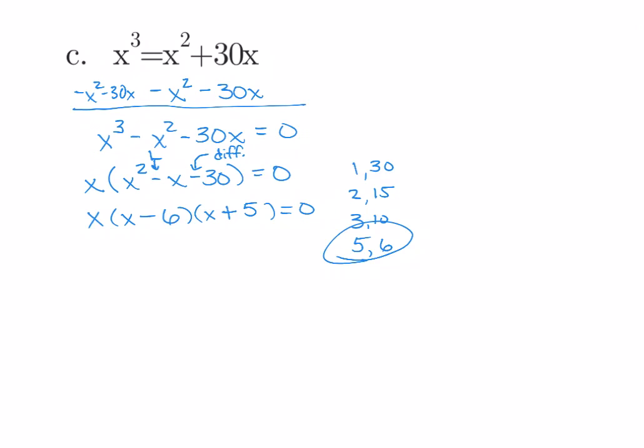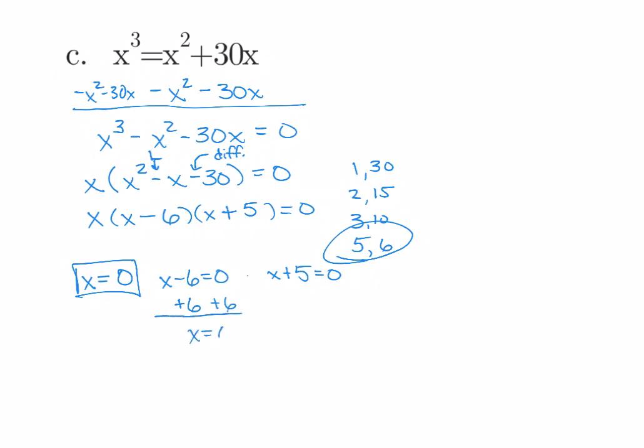All right, from here, we want to set each factor equal to 0. So don't forget that greatest common factor, it's still at play. We get x equals 0, and that's already solved. We get x minus 6 equals 0. And our last one is x plus 5 equals 0. So x minus 6, to solve for x, we're going to add 6 to both sides.